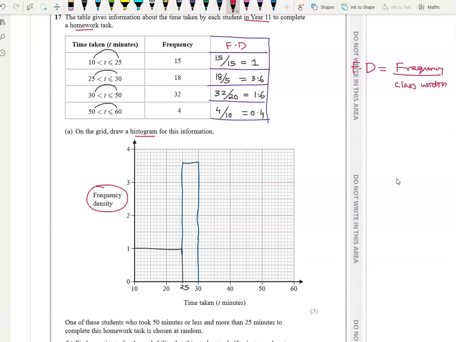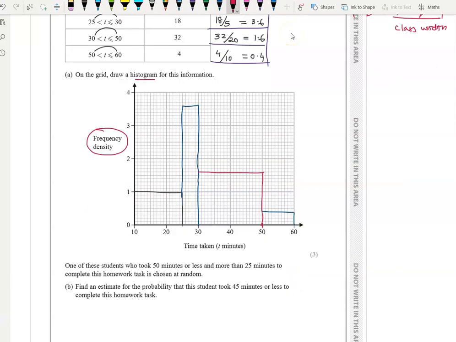From 30 up to 50, it is 1.6. So this is 1.5, a line above, 1.6 up to 50. Okay, and last one, from 50 to 60, it is only 0.4. 50 to 60 is 0.4. So you draw it like this. Okay, so please use a ruler.